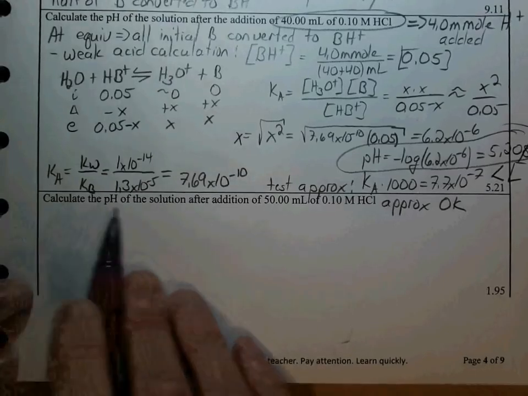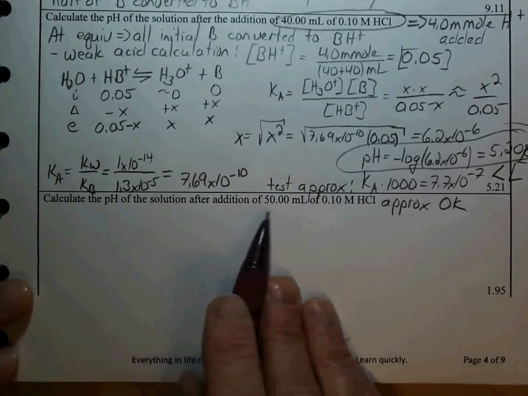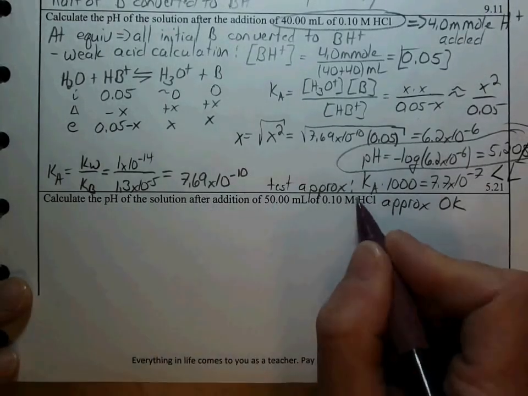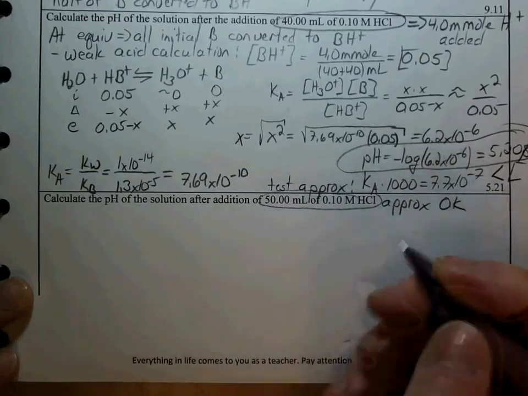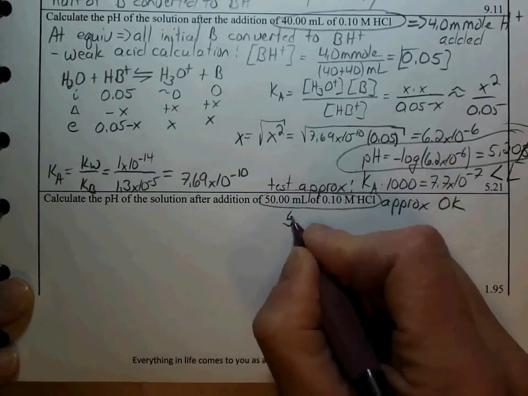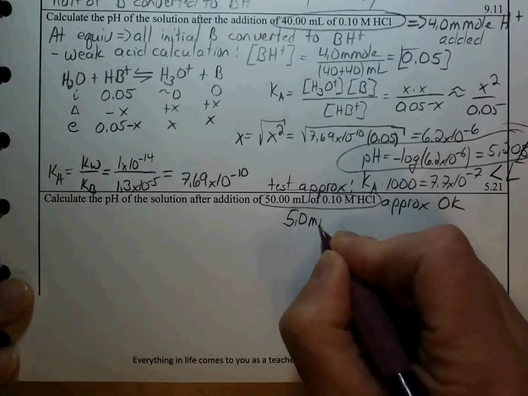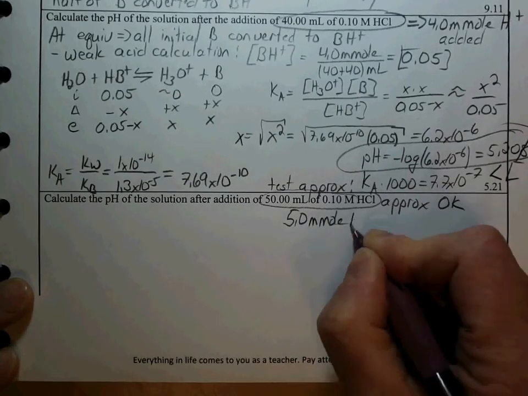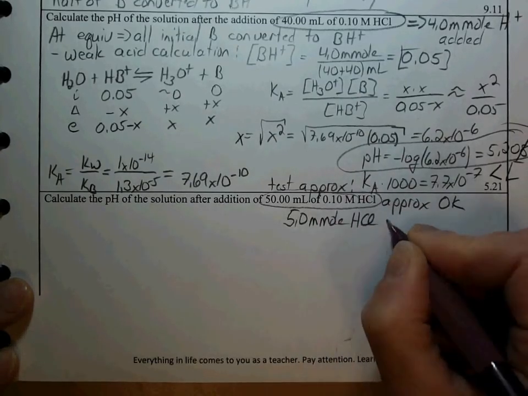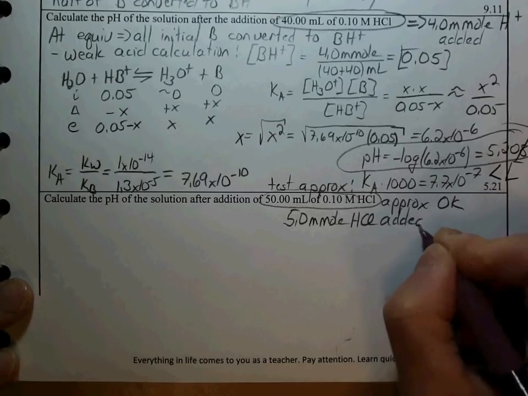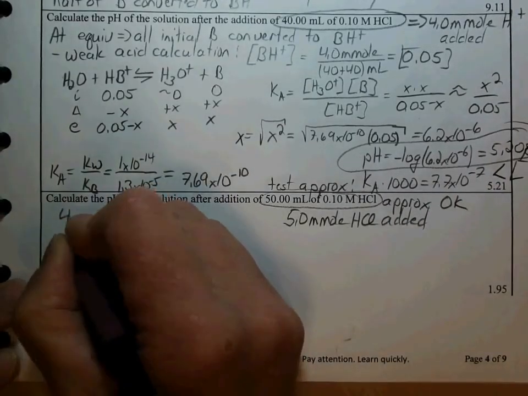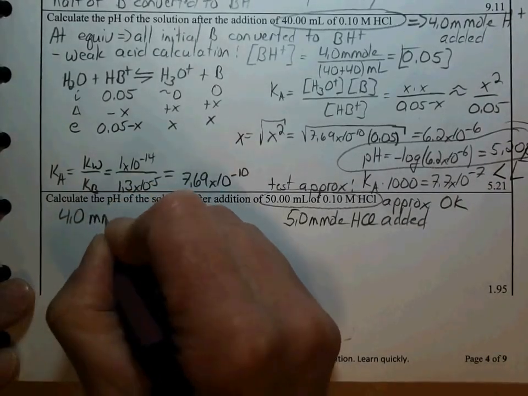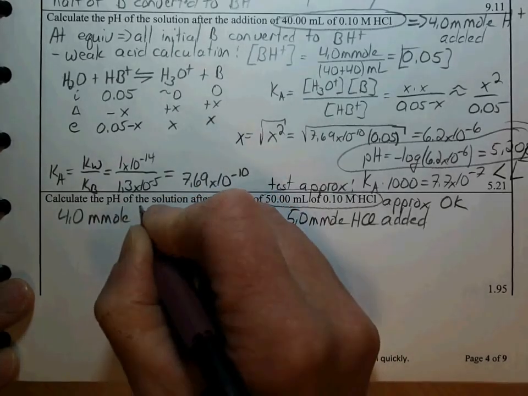Last step, calculate the pH of the solution after the addition of 50 milliliters of 0.1 HCl. That means we have 5.0 millimoles of HCl added. We started with 4.0 millimoles of our base.